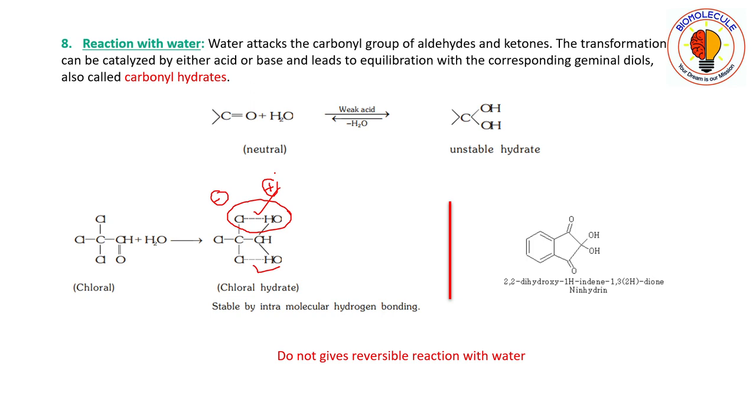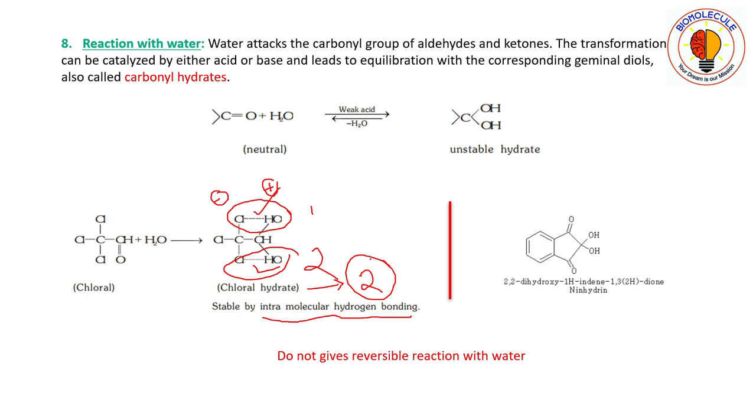That is, if hydrogen bonding is occurring within the molecule, then it is intramolecular. So here you see intramolecular hydrogen bonding. This one is the first intramolecular hydrogen bond and this one is the second. So chloral hydrate has two intramolecular hydrogen bonds.